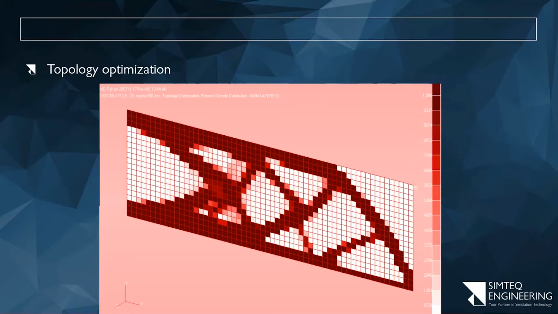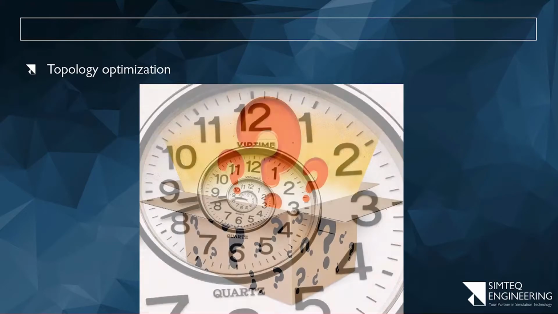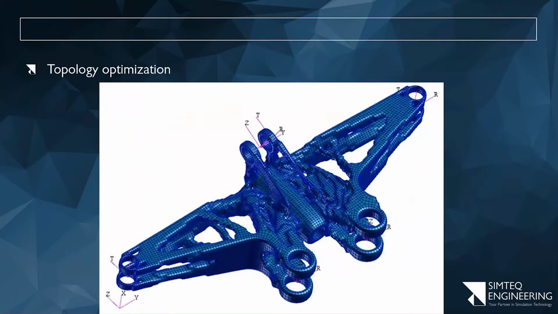The challenge with this, however, is that these simulations take extremely long, and most importantly, it's always a surprise what comes out of the box. It takes a long time, and only right at the end do you actually see what you got out of the result.